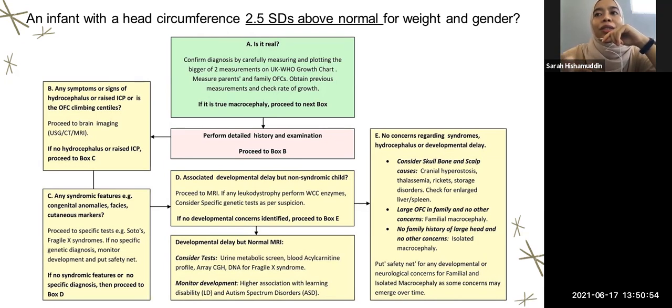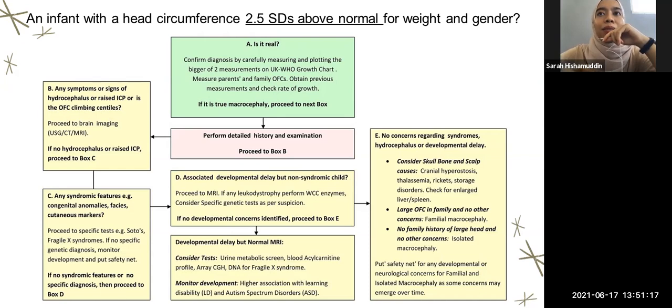You can then consider skull bone and scalp causes, or a large head circumference in the family itself, or if there is no family history of large head shape, probably there is isolated microcephaly. The next one is just some of the causes of microcephaly in an infant.